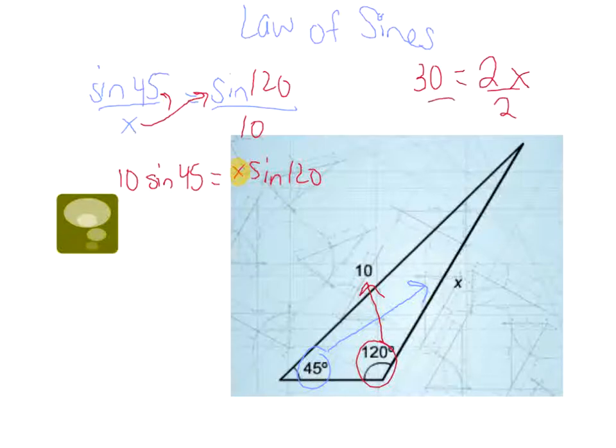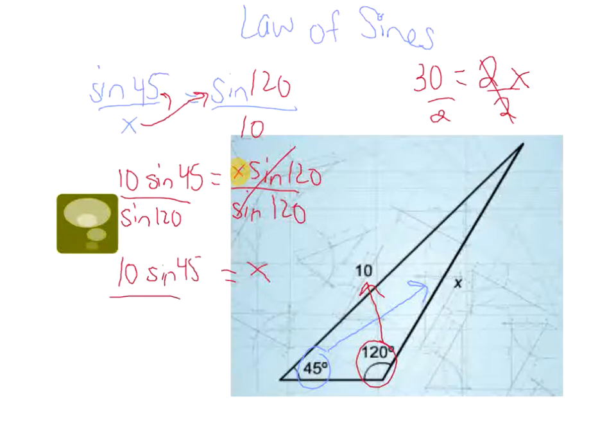How do you get rid of the 2? Divide by 2. So how are you going to get rid of the sine 120? We're going to divide by sine 120. See how now I have x by itself? So x is going to equal 10 times sine 45 divided by sine 120.